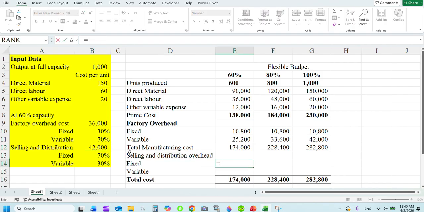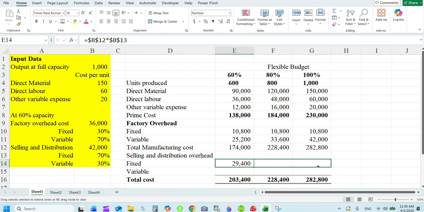So I can say 42,000 is the selling and distribution overhead cost, out of which this much is fixed. That will remain constant, because if it is fixed, it will remain constant for all three different output levels.